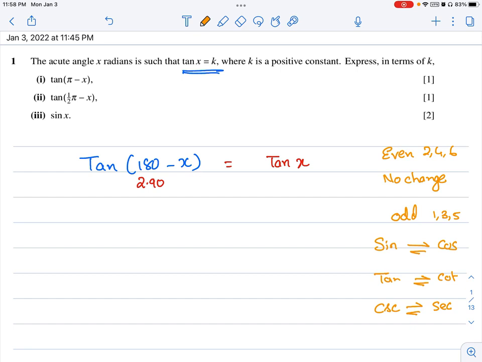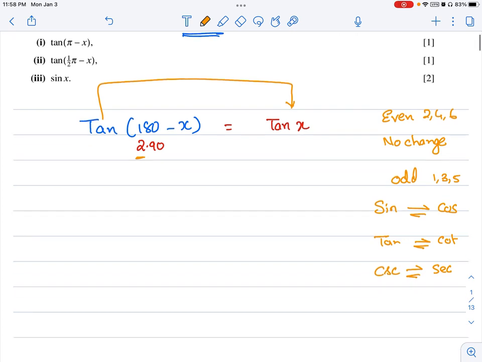So over here we see that it is 2 times 90, 2 is an even number. So there is no change in the function, tan remains as tan. But we need to check the sign, which quadrant it is in. For that, we quickly draw. We know that all are positive in the first quadrant, only sine is positive in the second, tan in the third, and cos in the fourth, ASTC.